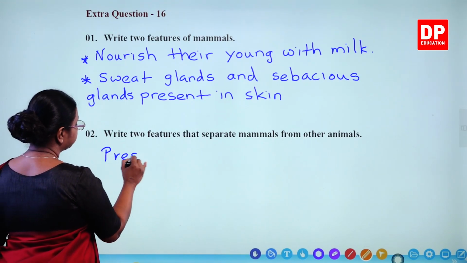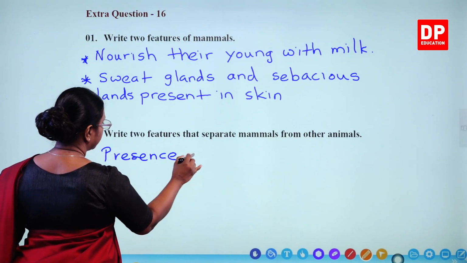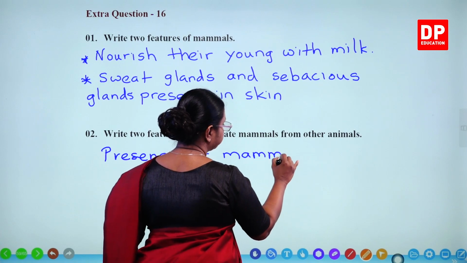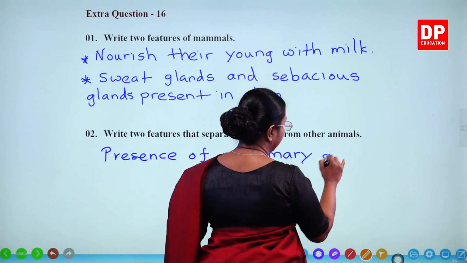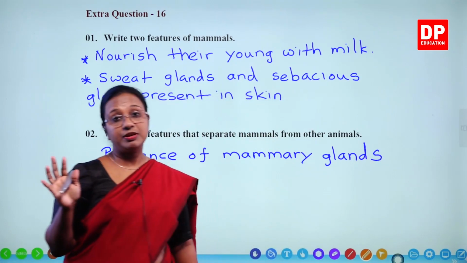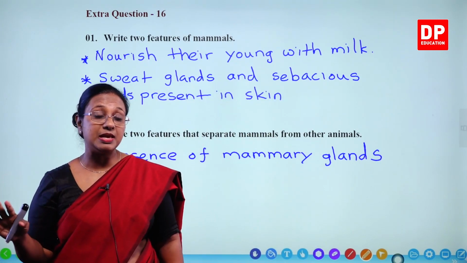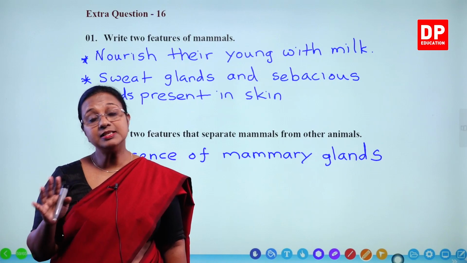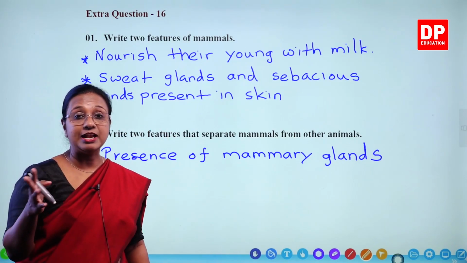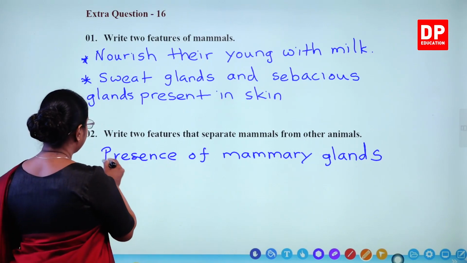Presence of mammary glands. Now when we say presence of mammary glands, students, you have to remember it's only present in the female animals. But that is a special feature. But the other features are common to both male and female animals and the young ones.